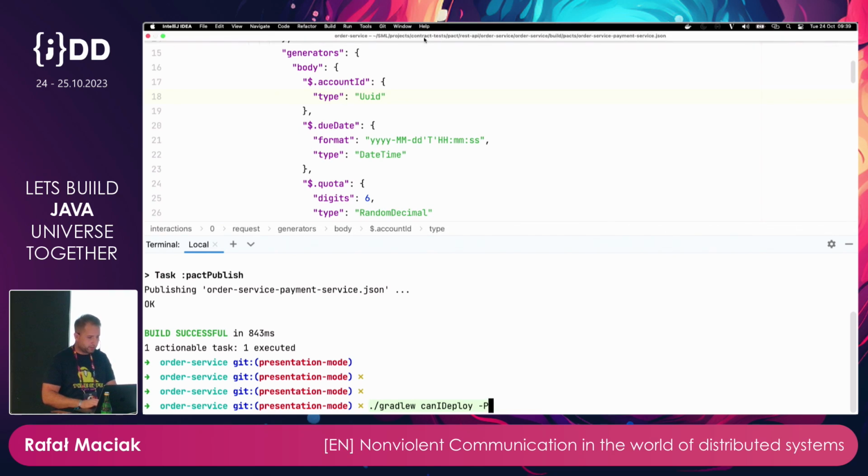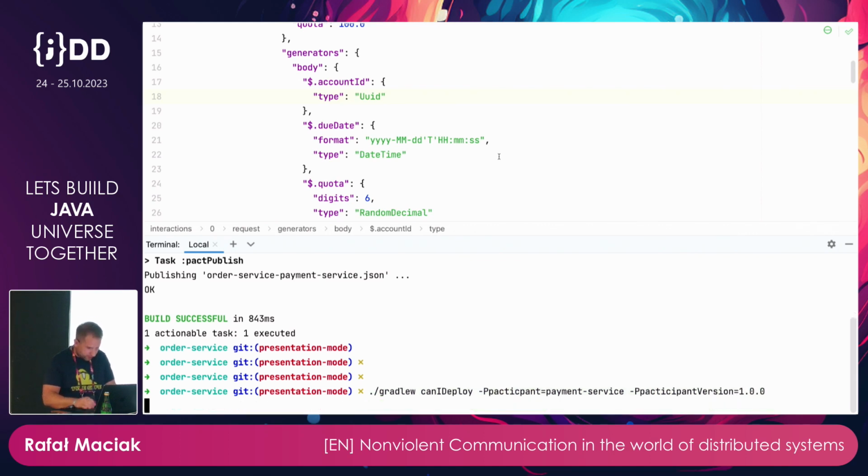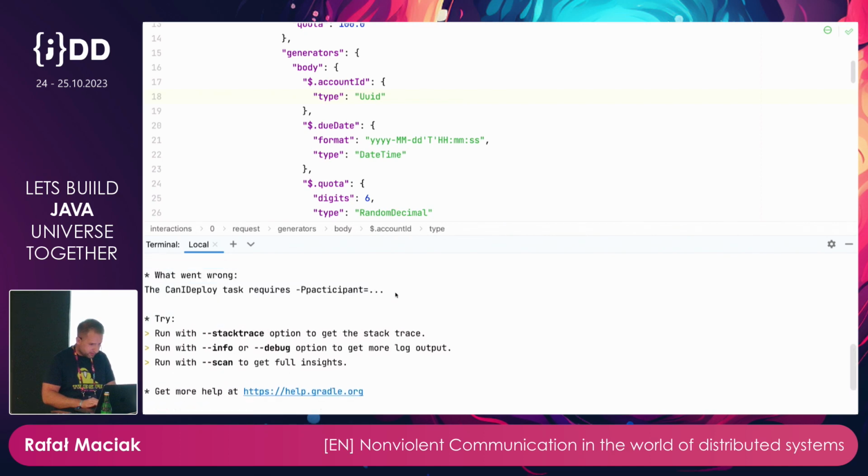So here I am in order service, and I want to check whether I can deploy this version with payment service, right? So the pacticipant, it's not a typo, it's pacticipant from Pact, should be payment service, because I'm checking with payment service, and I want to check the latest, or maybe the specific participant version. Let's check for 1.0.0. I hope I did it correctly.